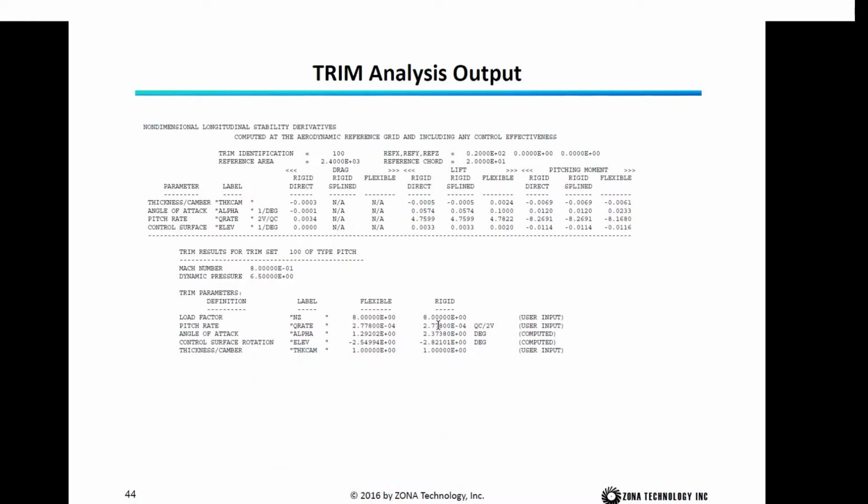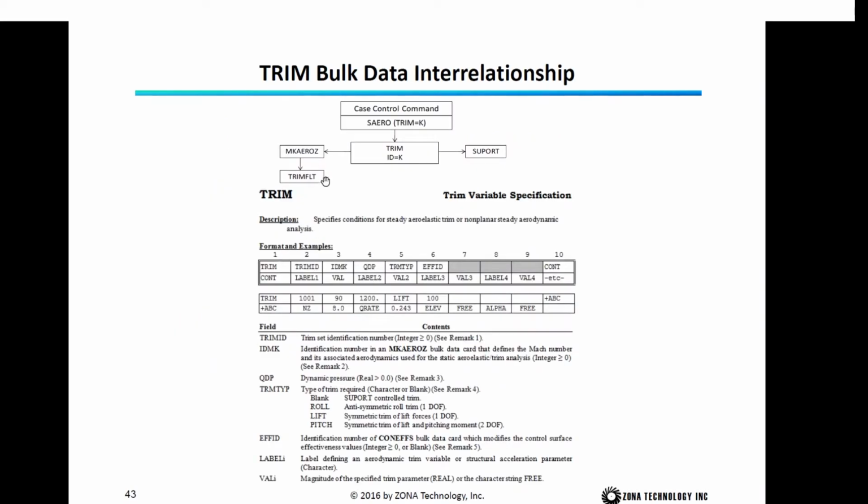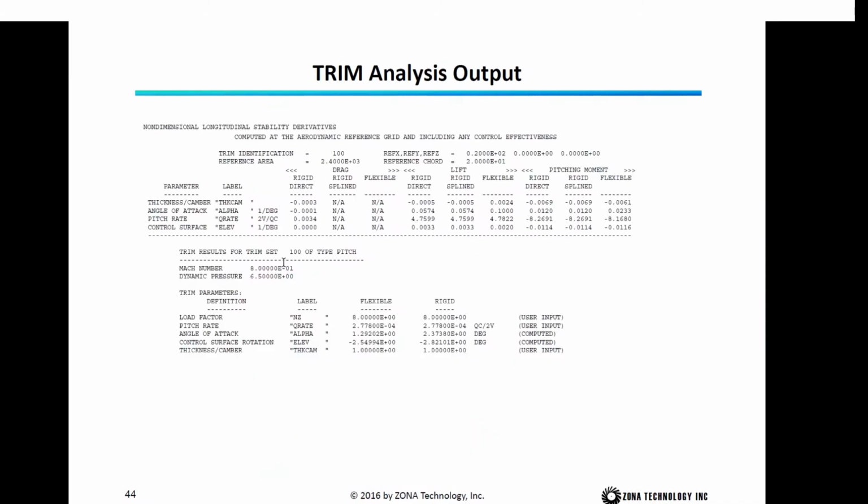And in the typical trim output, you will list out the stability derivatives. The trim card means the mean flow condition which is specified in the trim flood card, and the angle of attack alpha is per degree, and you will list out the rigid and the flexible. For pitch rate, we call it Q rate.